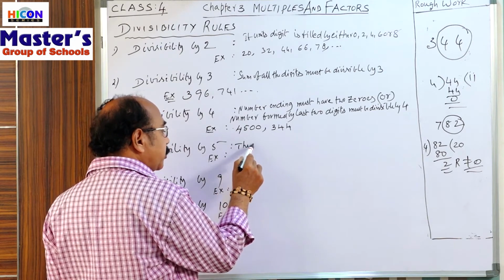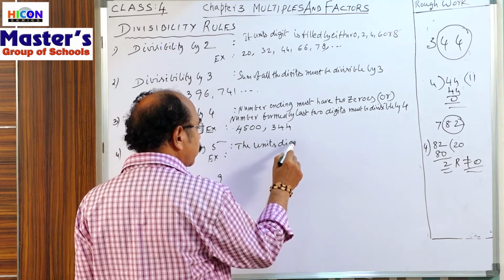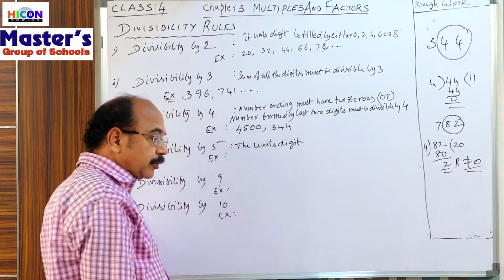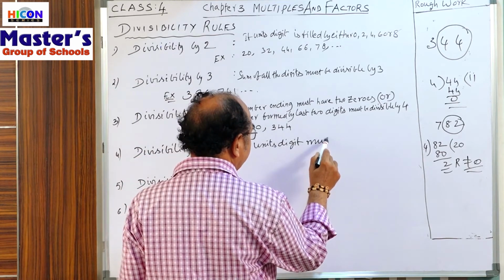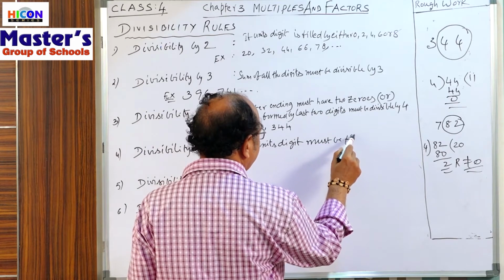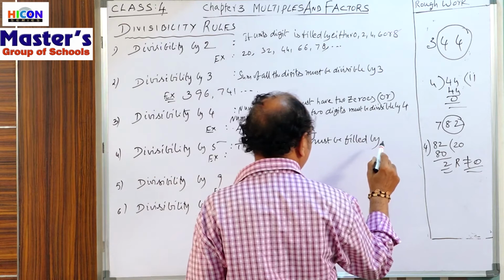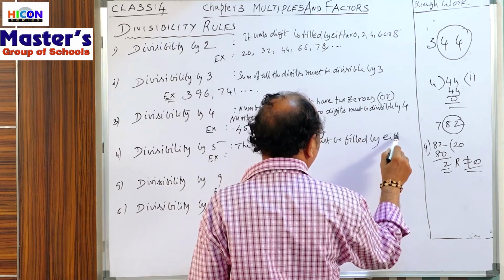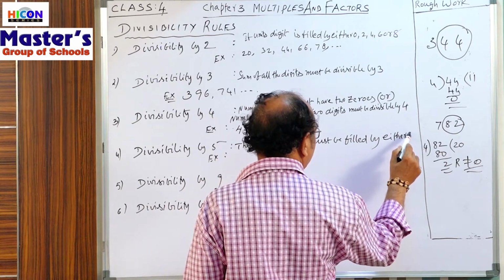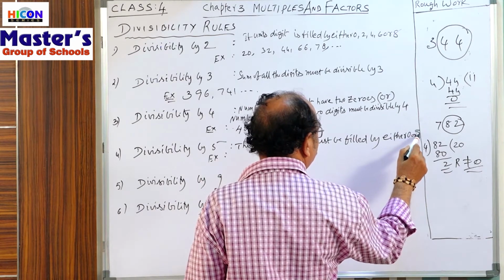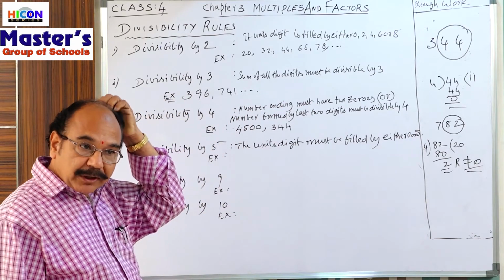The unit digit must be filled by either 0 or 5. The unit digit must be filled by either 0 or 5.